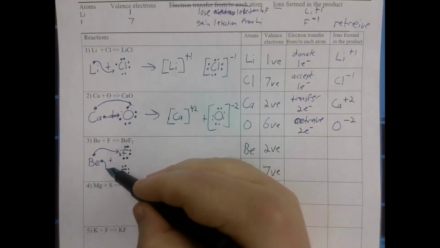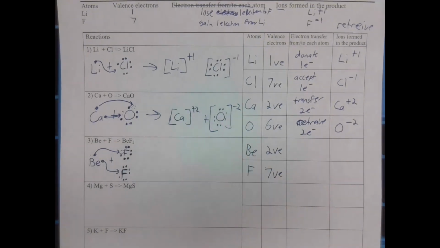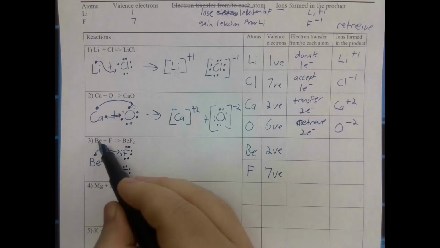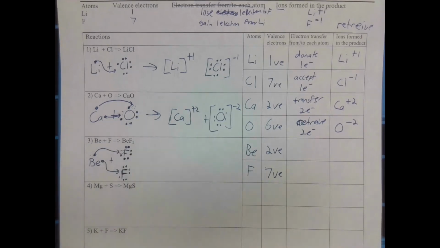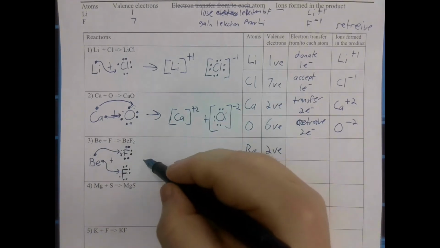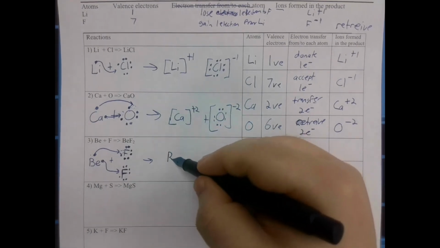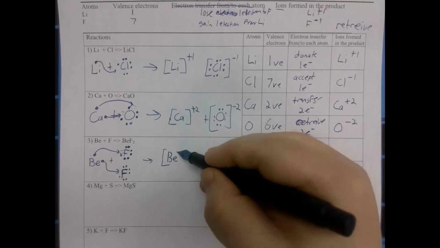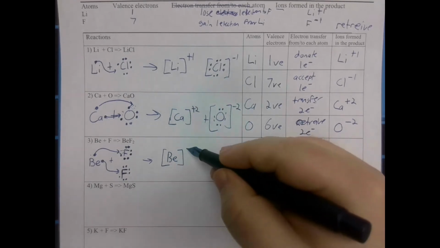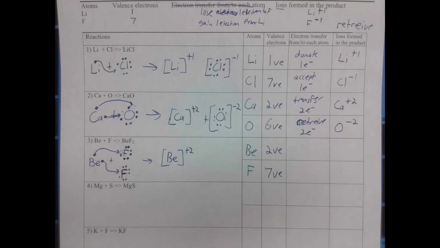And we're going to give this electron to this one. Again, we're reacting a bunch of beryllium and fluorine atoms. What this means is that we're going to have 1 beryllium. It has lost its electrons and become a plus 2.